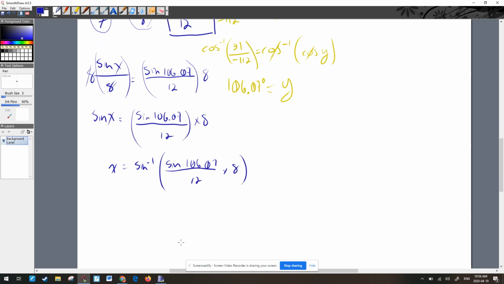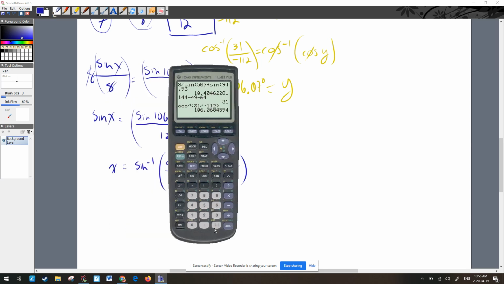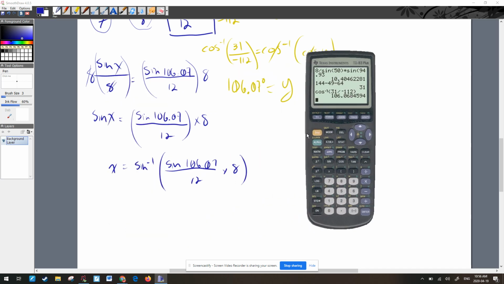And I'm going to grab my calculator and I'm going to type that in. So we're going to have that x is equal to the sine inverse of bracket, the sine of bracket 106.07, close that bracket off, divide by 12, times 8, close that bracket off. And we're going to end up with 39.84 degrees.